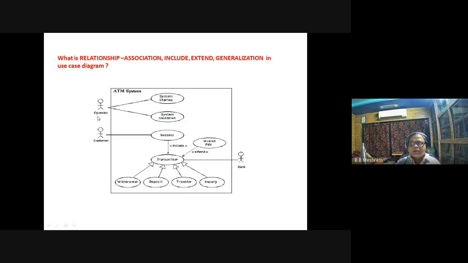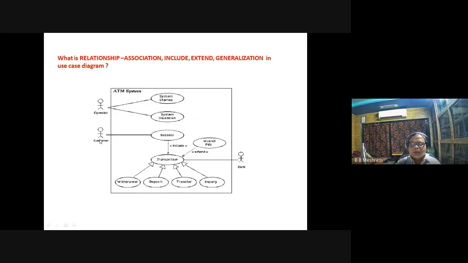Operator can start the system or operator can shut down the system. So system startup and system shutdown are the two use cases handled by the operator.